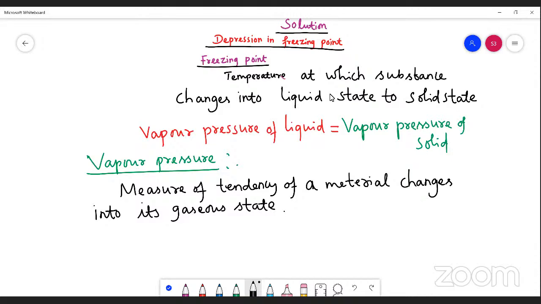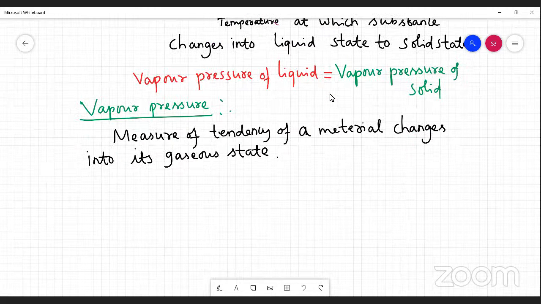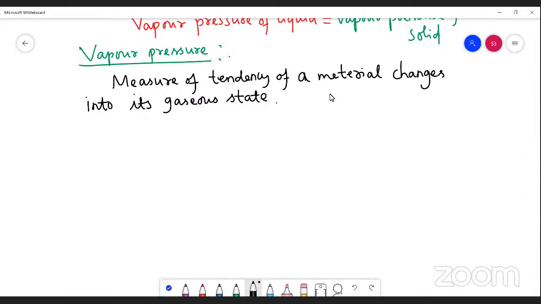Now I am going to discuss freezing point and what is called depression in freezing point. Depression is nothing but decreasing. First of all, we should remember that freezing point means at a particular temperature, the vapor pressure of a liquid should be equal to the vapor pressure of a solid, then only freezing will occur.